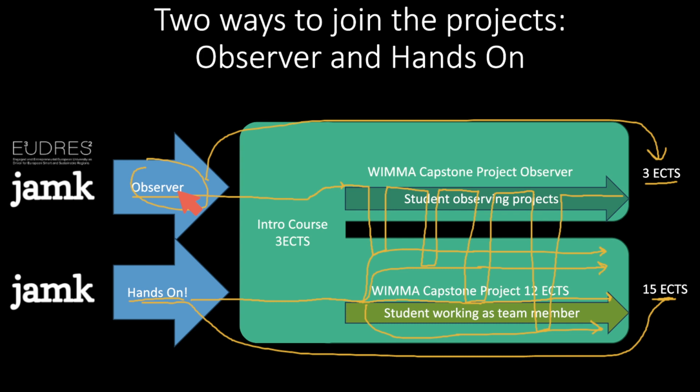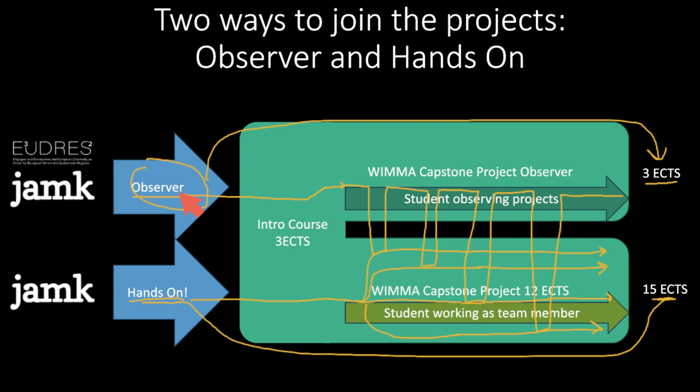It's very good to have some background in software development, and interest and motivation to understand how things are running. That's the path for a student who would like to understand how the Capstone projects are actually living, how the companies are providing support, and how the different elements of the project process are handled.